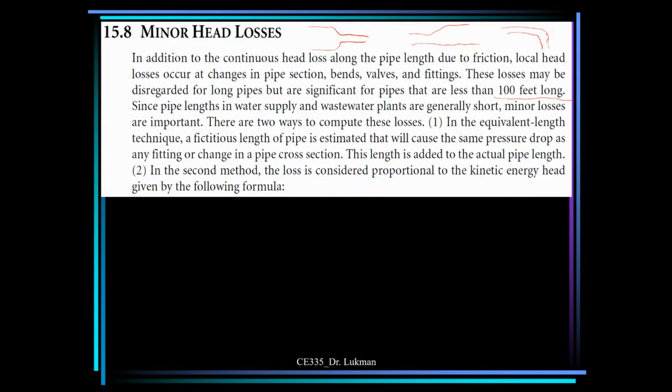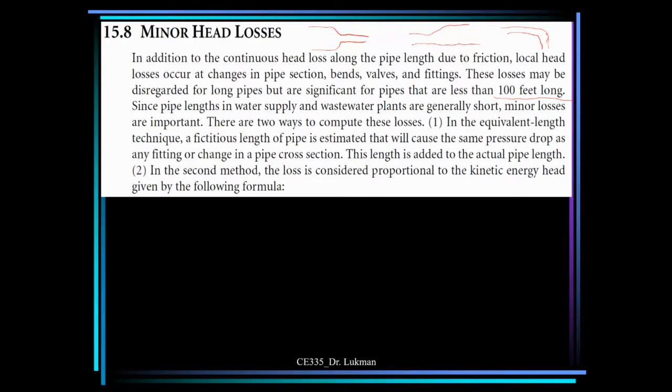And this length is added to the actual pipe length. So we are making it longer, increasing the length of the pipeline by adding an additional length that will take care of the pressure drop within the pipeline.